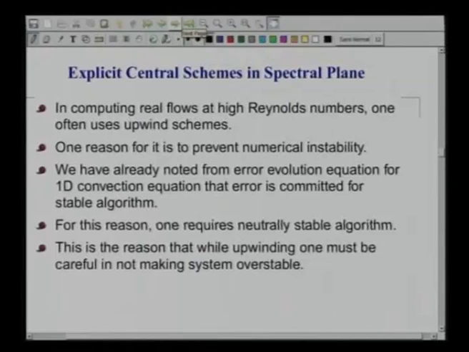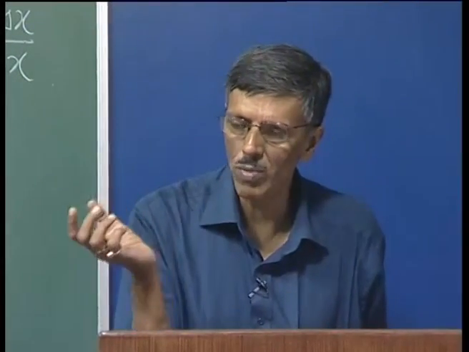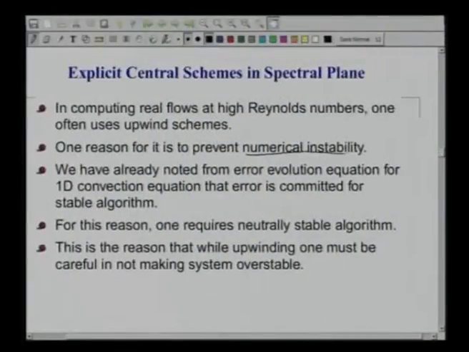So, you need to stabilize your numerical method against those high wave number errors. One way of doing that is utilizing an upwind scheme, which introduces numerical dissipation that prevents numerical instability. This is the motivation for abandoning the central scheme and instead going for the upwind scheme. Explicit central scheme will be abandoned in favor of explicit upwind scheme.